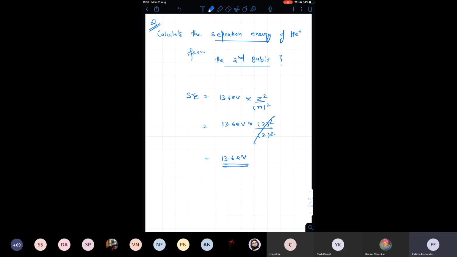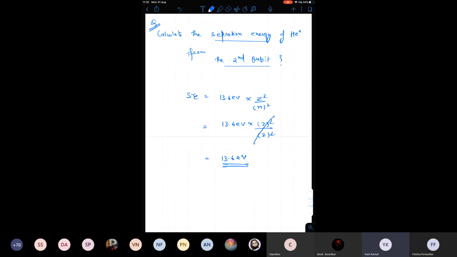Is this formula different from the total energy formula? Yash, Amal? It's the same, no, sir. Yash is saying it is different. Why is it different?